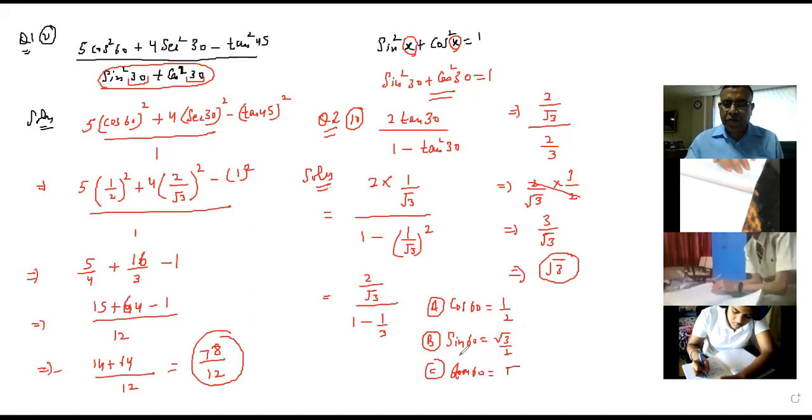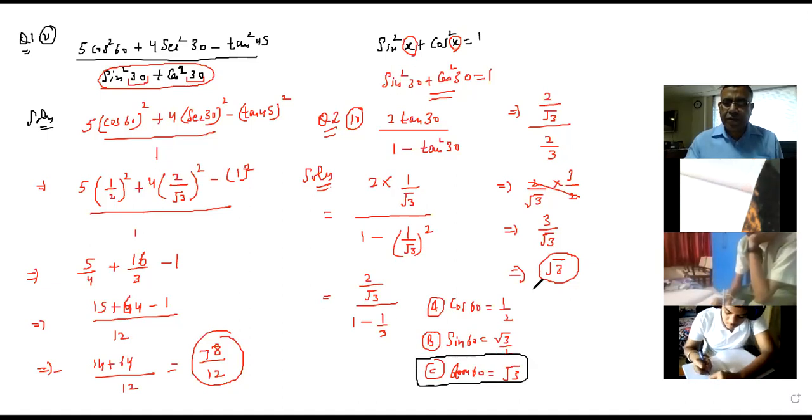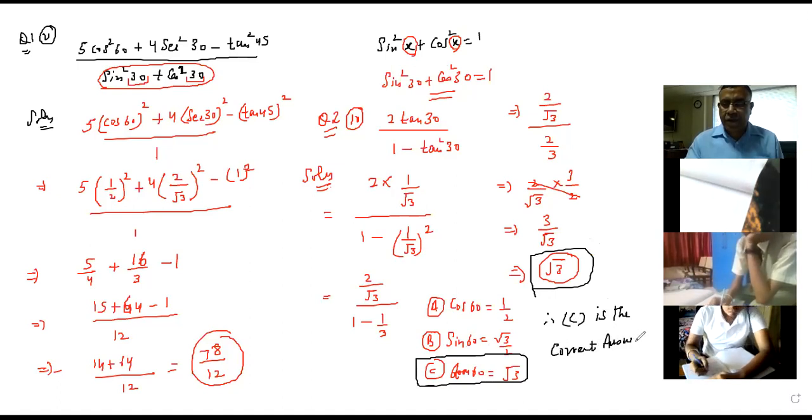Tan 60 is equal to under root 3. Yes, this is the correct answer. So C is the perfect option. Therefore, C is the correct answer.